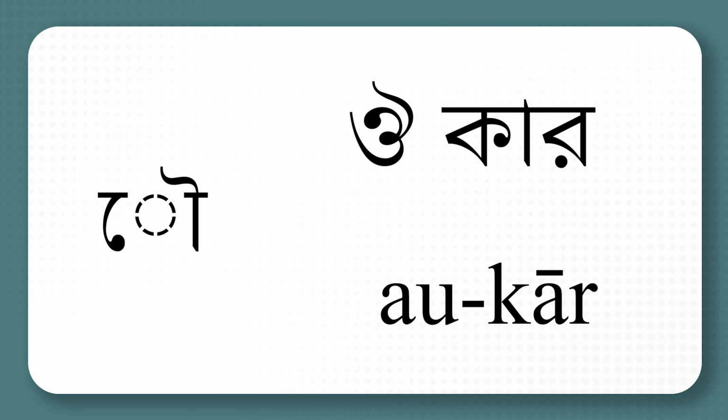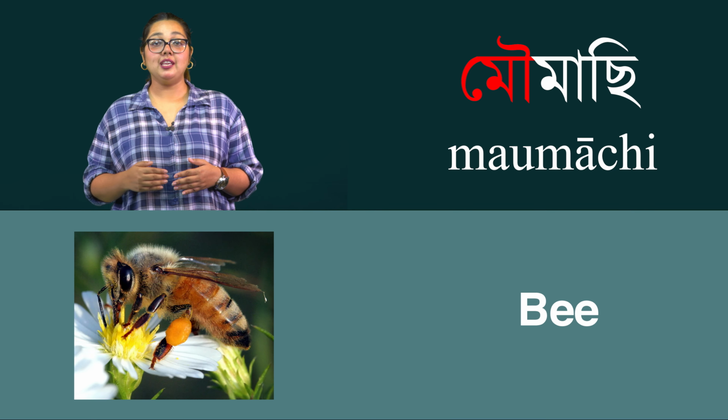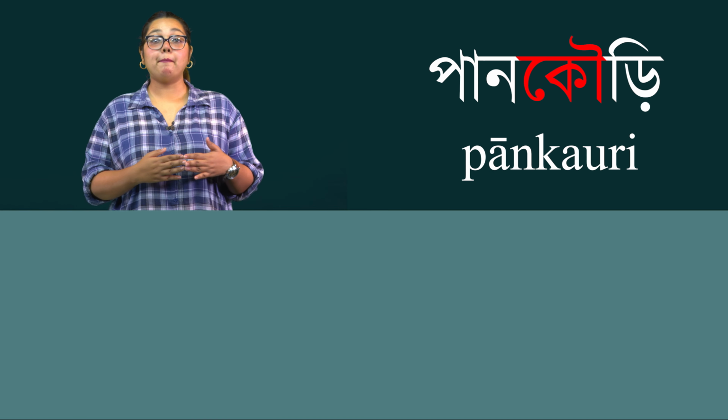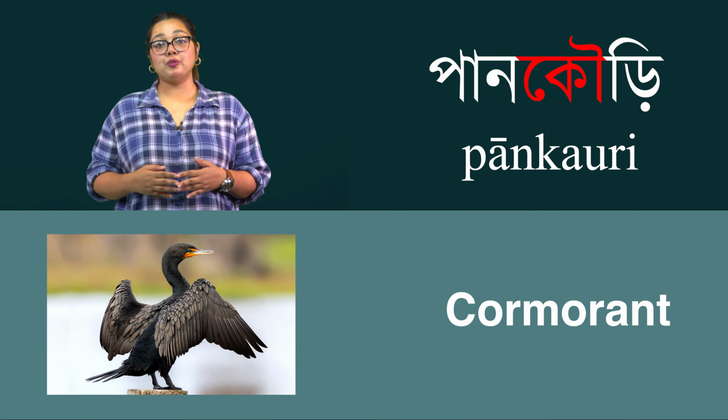The diacritic mark Okar circumscribes the consonants. In kar form, we get word initially, such as in Momachi, means bee, and word medially it can occur as in Pankori, which means cormorant.